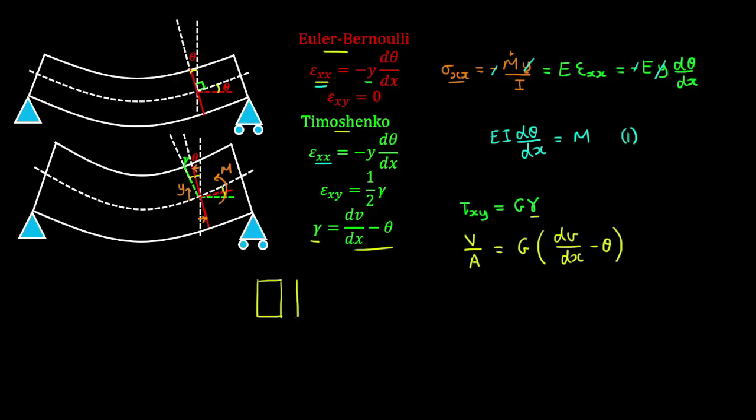Now, because we know that the shear stress distribution is parabolic, so for example, for this rectangular cross section, it looks something like this, and the shear stress is a maximum at the centroid. So what we do is multiply the cross-sectional area by a correction factor. And now if we solve for the shear force, we obtain the following expression.